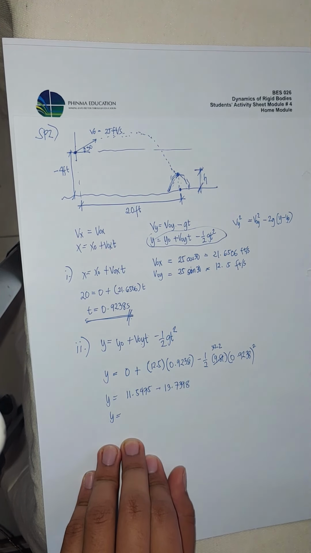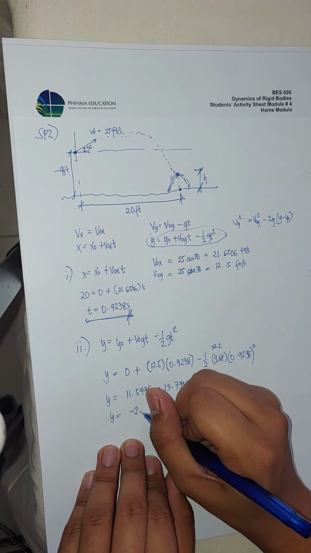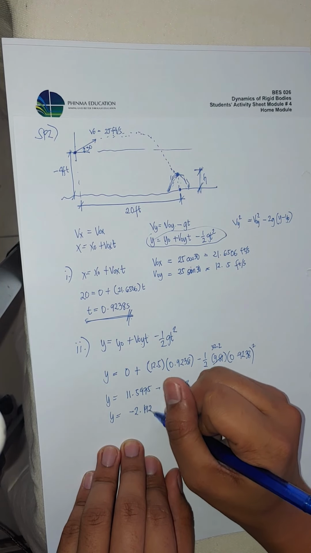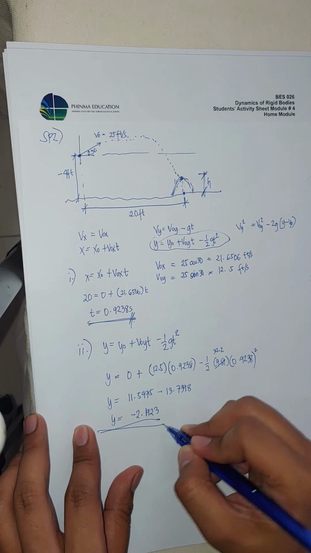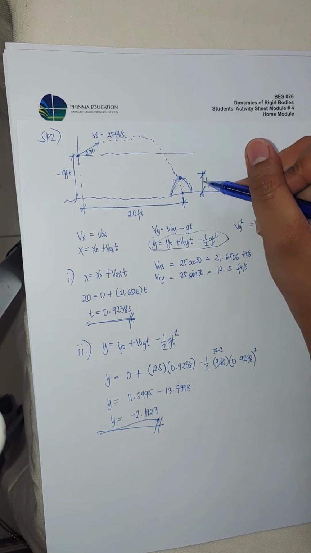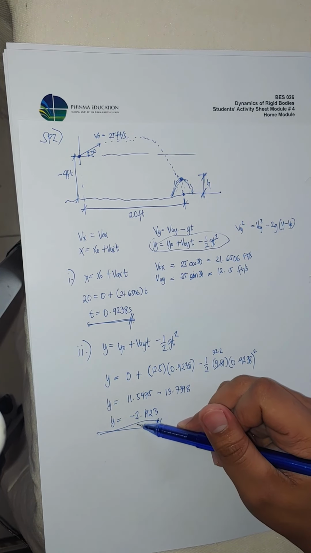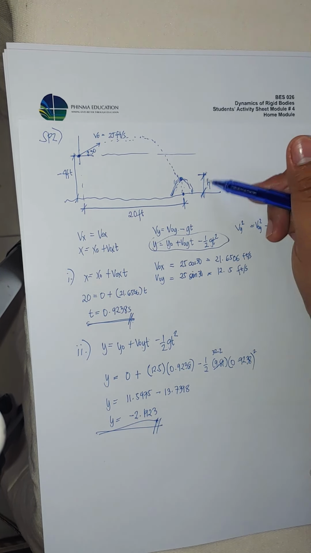So our y is 11.5475 foot minus 13.7398, which gives negative 2.1923. So what does this y denote? Is this the h? The result is negative, isn't it?